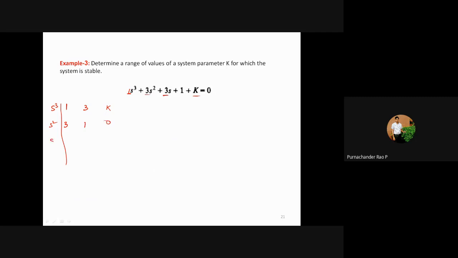So S power 1 is 3 into 3, 9, minus 1, so 9 minus 1, so 8 divided by this 3 value. And next one is 3 into k minus 1 into 0, so 3 into k by 3, so k, then S power 0.